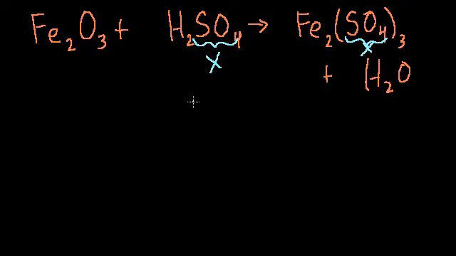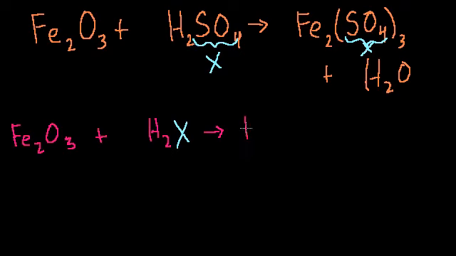And so if we rewrite this, iron oxide plus H2, there's only one sulfate group here, so H2 X, yields the molecule with 2 irons, and it has 3 of these sulfate groups, 3 X, and then plus water.